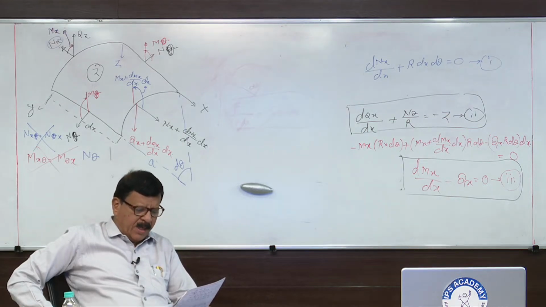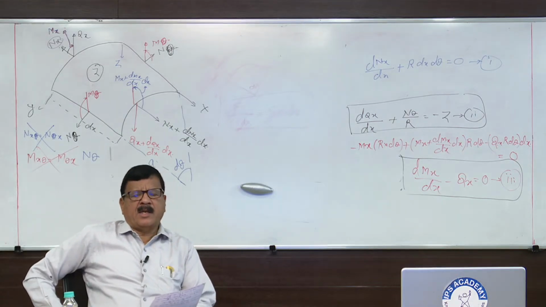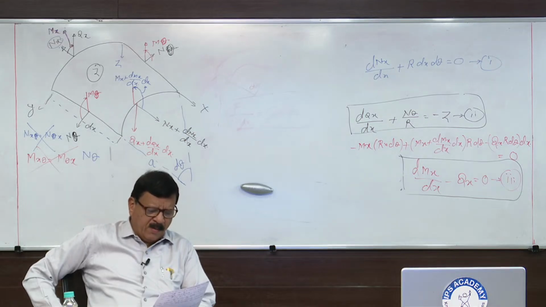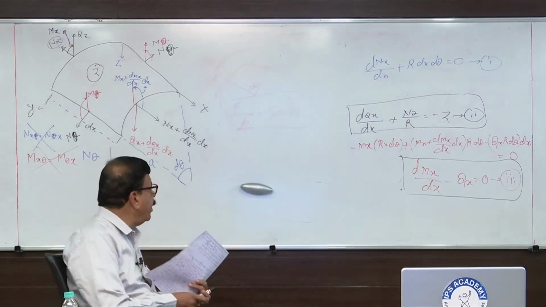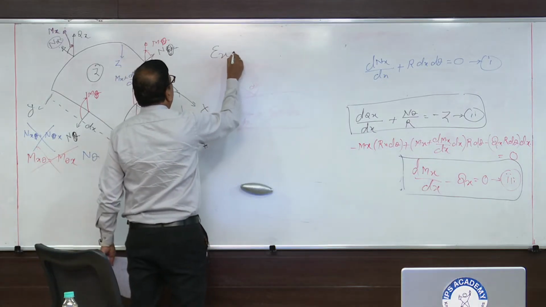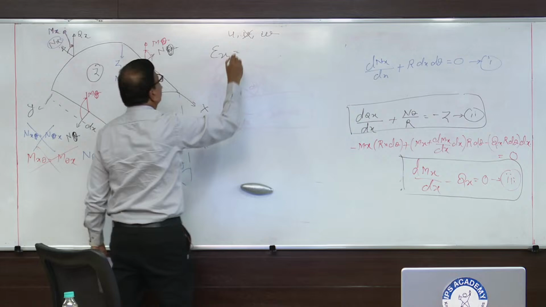We consider only displacement u and w, only components u and w in the x and z direction. Therefore, strain component in terms of u, v, w; who will tell me u, v, w? v is not there.